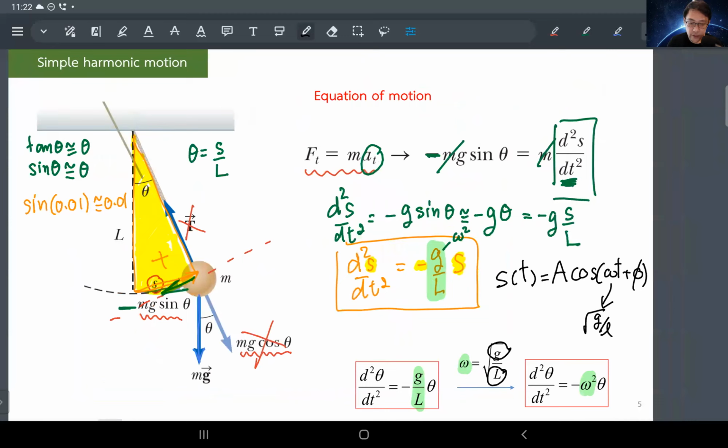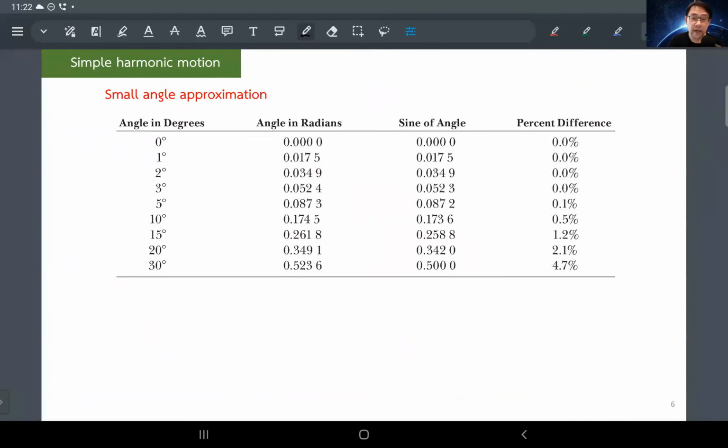All right. So with that, this gives you the approximation that I was talking about. And it's pretty good up to about, as you can see, 10 degrees. The error is still less than 1%. So if the oscillation is about 10 degrees, you can treat the simple pendulum as simple harmonic motion.